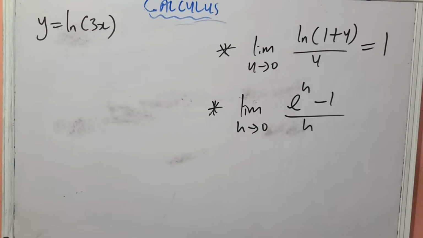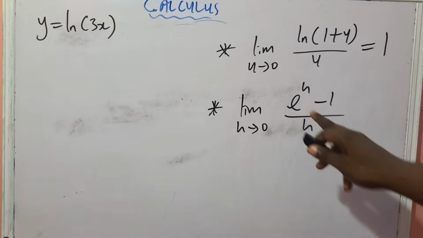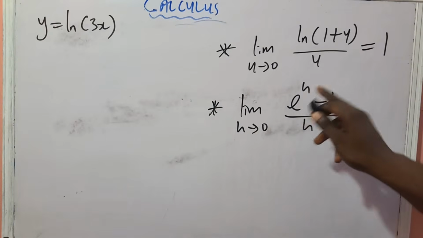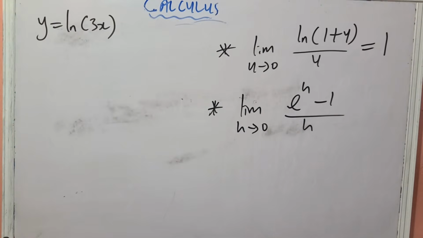You're taking the limit as h tends to 0 of e raised to power h minus 1 over h. If you see a situation like this, it also equals 1. So these are things that will make your work easy. Identities are here to make your work easier. They don't exist to make you suffer. They are supposed to make your work quite easy.